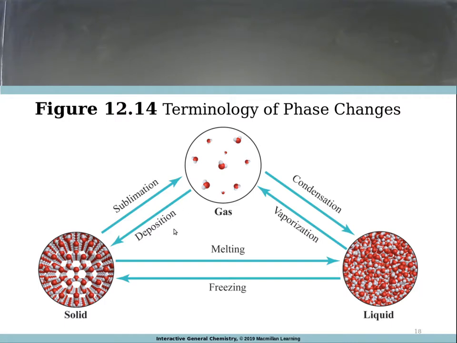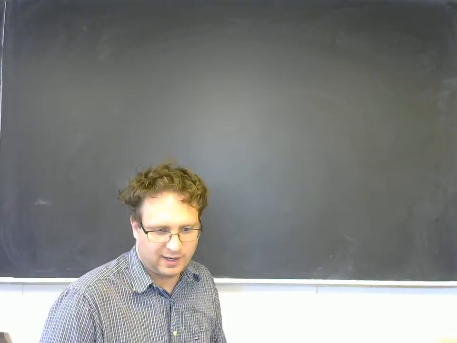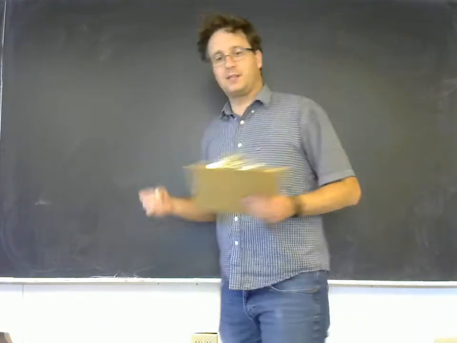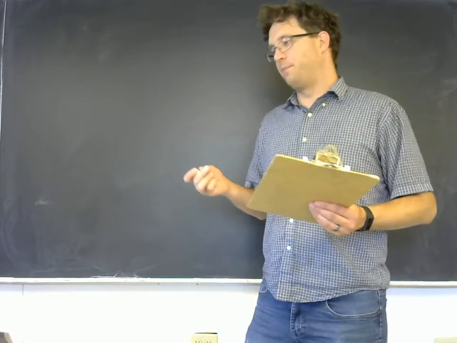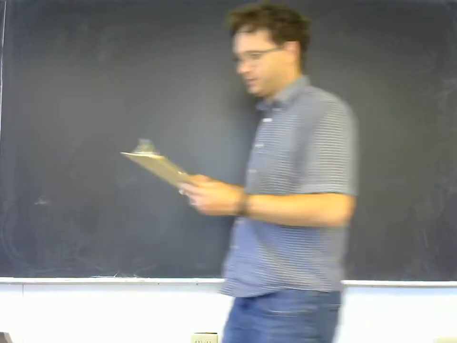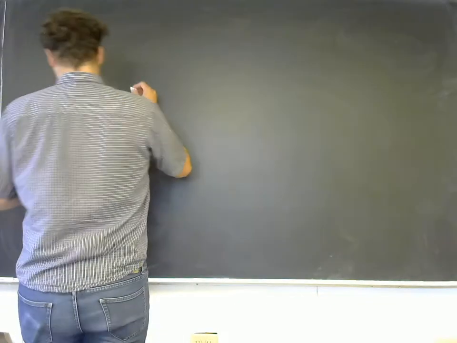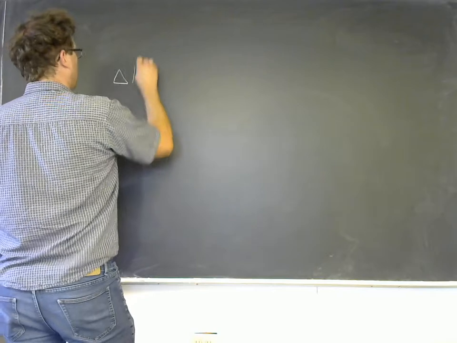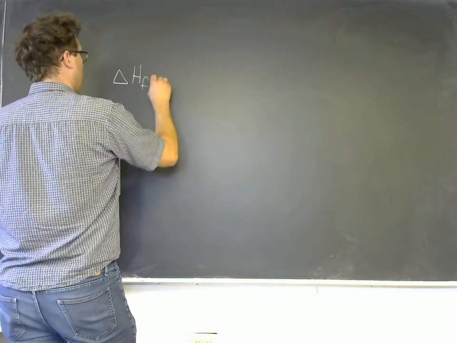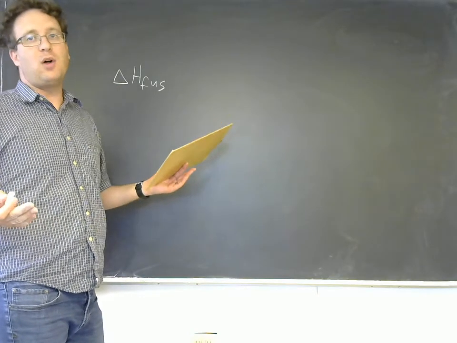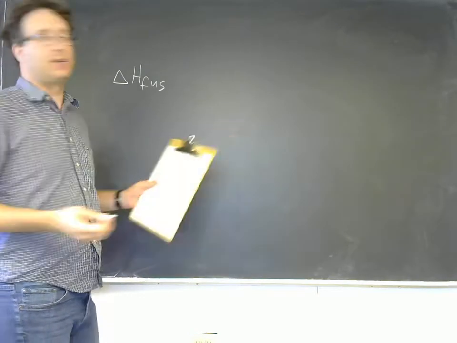Now, each phase change is going to have an associated change in enthalpy. It takes energy to make these transitions between phases. So if we look at the delta H of fusion, this is the energy required to melt a solid to make it a liquid.